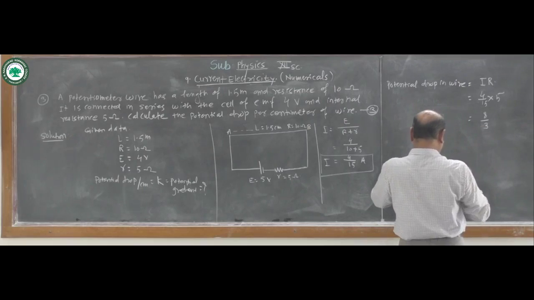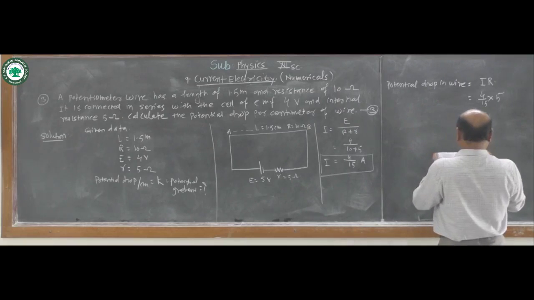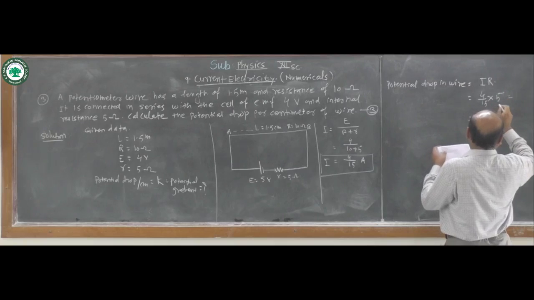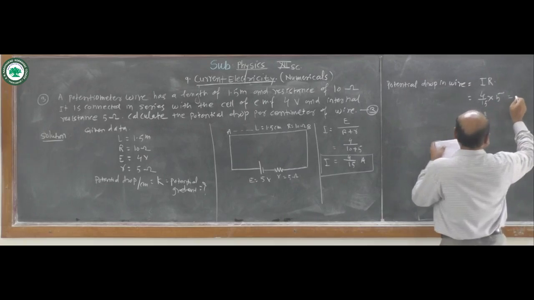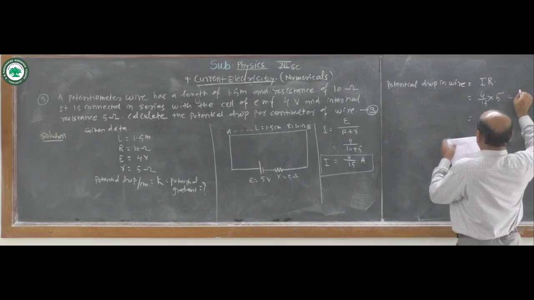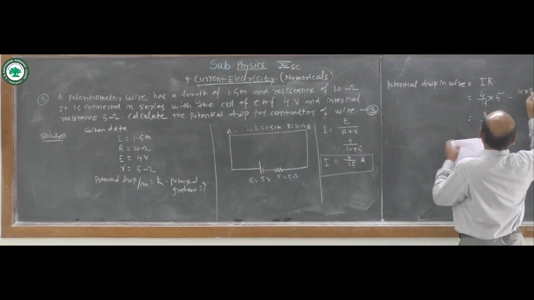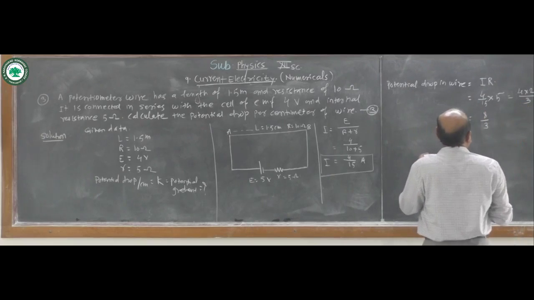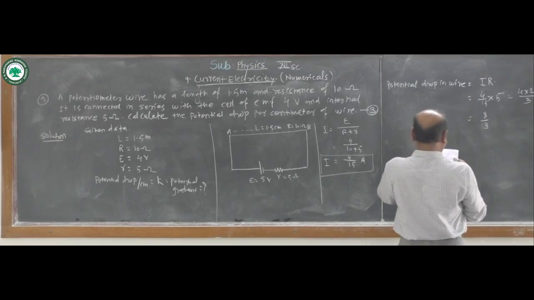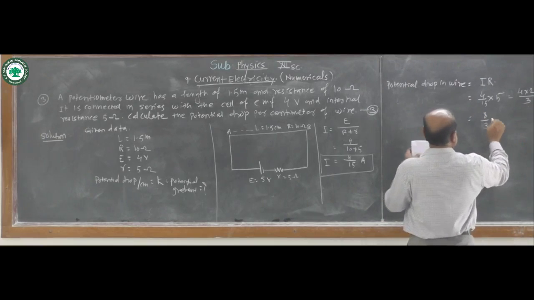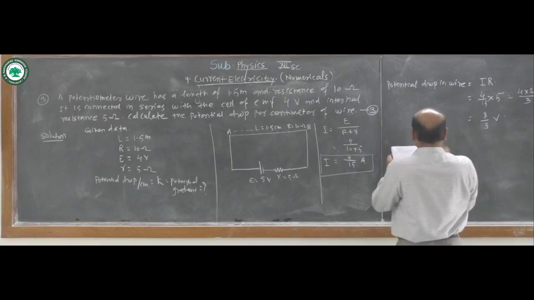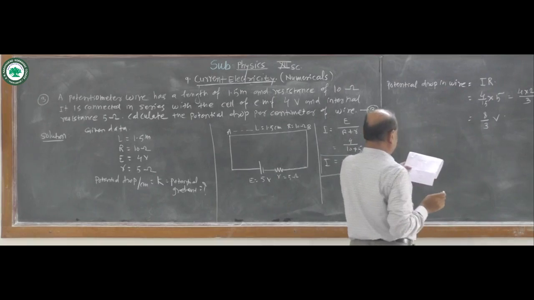Here 4 into 2 divided by 3, then we get 8 divided by 3 volt. This is the potential drop in wire.